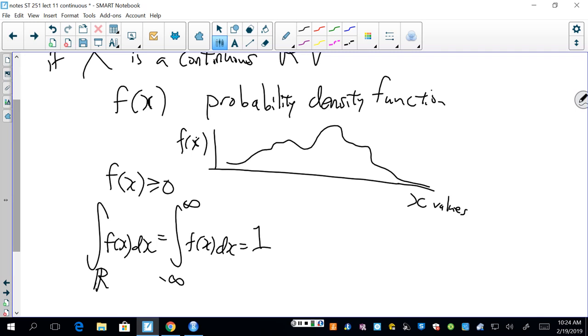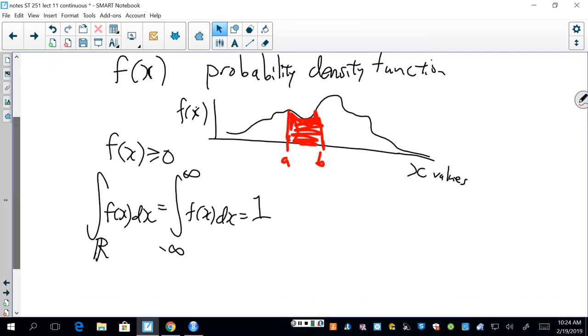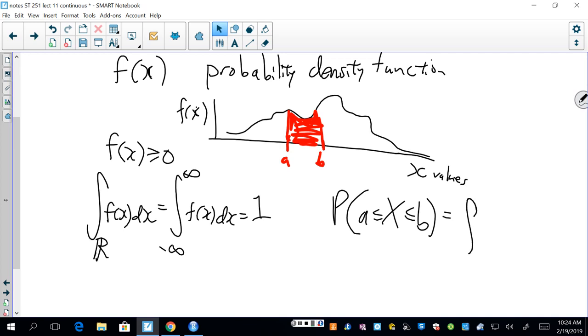And so the probabilities that you're between any 2 points, right, so if you have a point here A and B, the chance that your value x is between these 2 points is going to be the area under the curve. Right? So the probability that a random variable x is between 2 points is the integral between the limits of f of x dx.